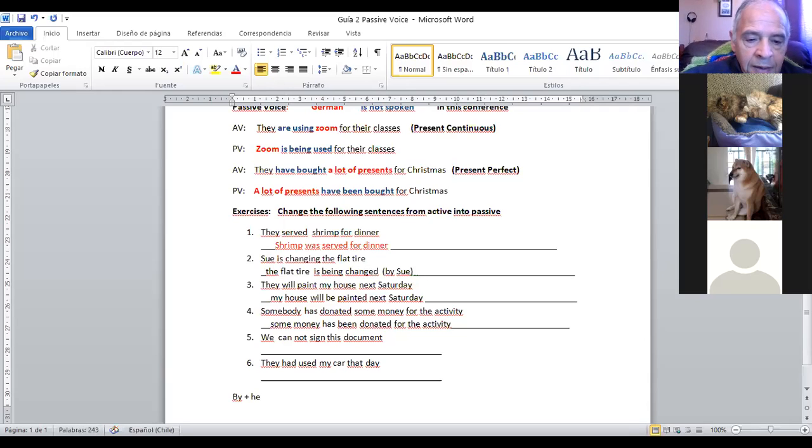So you have to use by her, never by she, because when you have a preposition, and then you need to say a person, you have to use the object pronoun because it's not acting as a subject.